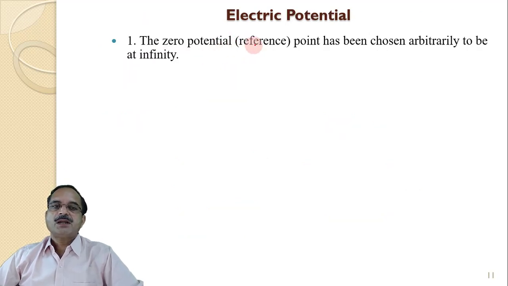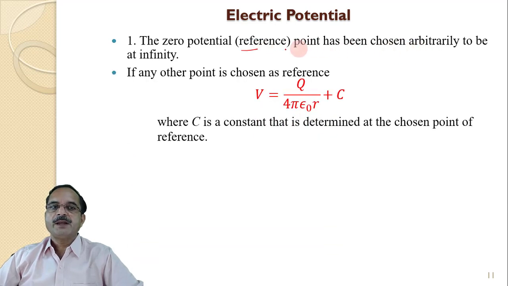The zero potential is assumed as a reference, and that is assumed to be at infinity. Now, if the zero potential is not at infinity, then we assume some potential, let us say C, as some constant at the chosen point of reference.